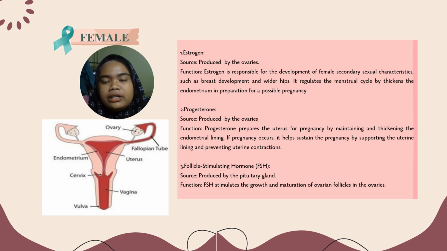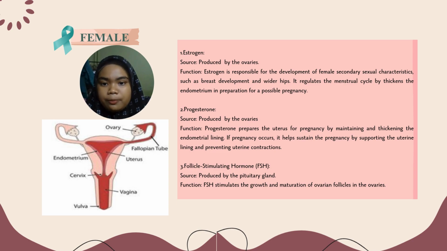Okay, next for the hormone female. The first one is estrogen, produced by the ovary. Estrogen is responsible for the development of female secondary sexual characteristics such as breast development and wider hips. It regulates the menstrual cycle by thickens the endometrium in preparation for a possible pregnancy.